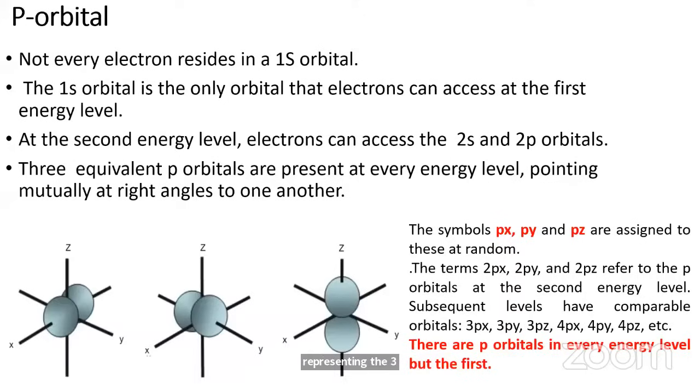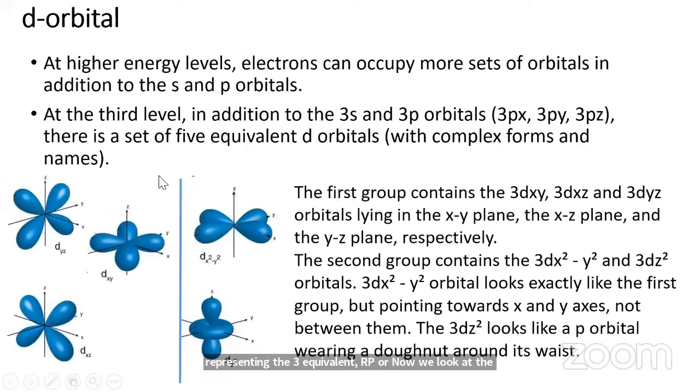Now we look at the d orbital. The d orbital is an orbital at a higher energy level. Electrons going into the third energy level are accommodated in the d orbital.